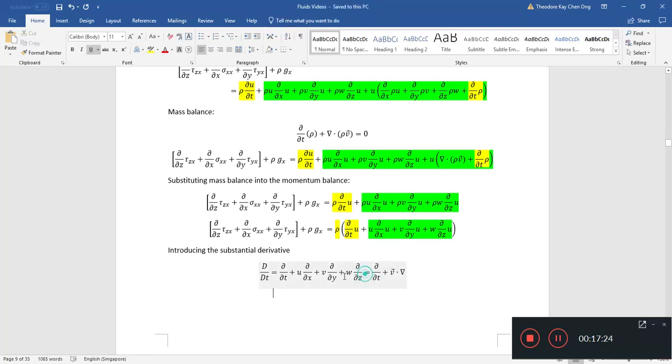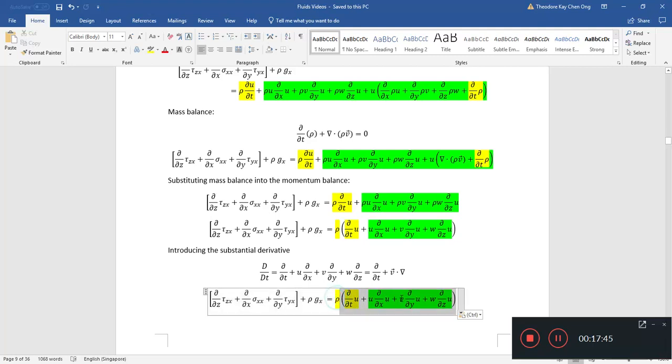You can just remember this: t, u in the x direction, x velocity differentiate with respect to x direction, y velocity differentiate with respect to y direction, z velocity differentiate with respect to z direction. So now it will make the Navier-Stokes much easier to remember.